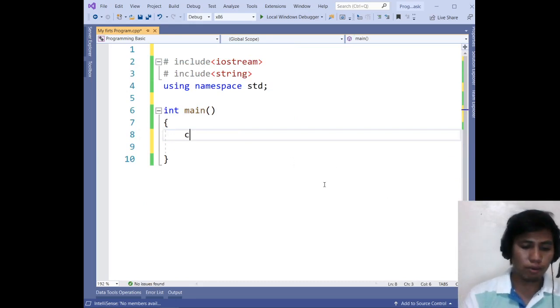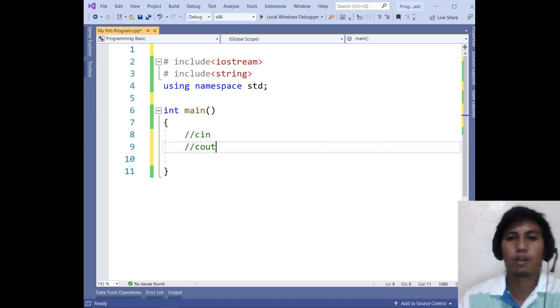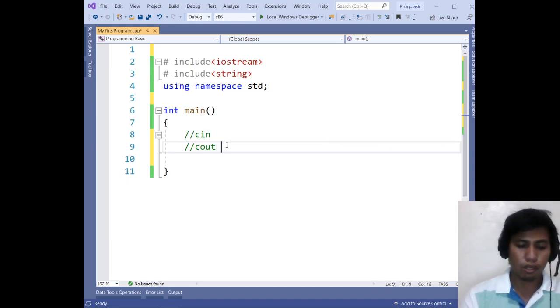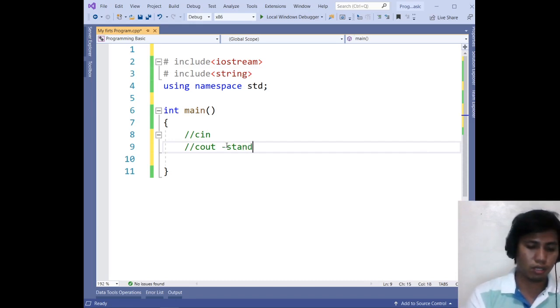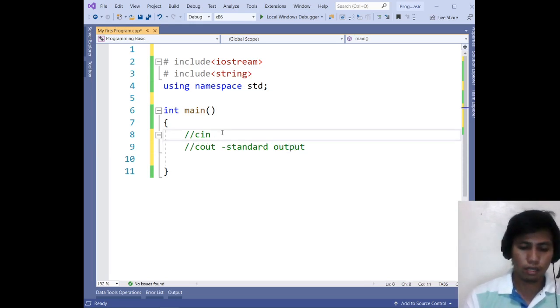So we have Cin and Cout. Cout is standard output. While this one, Cin, is standard input.